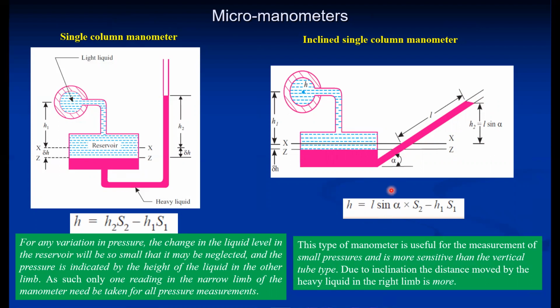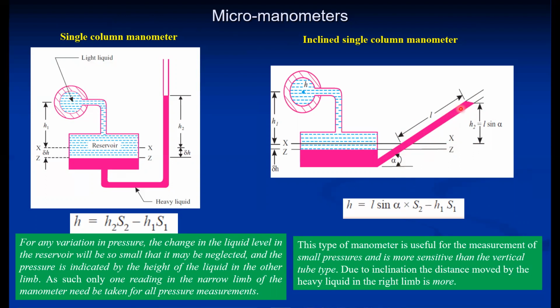This type of manometer is useful for measurement of small pressures and is more sensitive than the vertical tube type. Due to inclination, the distance moved by the heavy liquid in the right limb is more. For example, if the angle alpha is 30 degrees, the distance moved by the heavy liquid is almost double. So if it is 1 centimeter of pressure, it shows 2 centimeters.